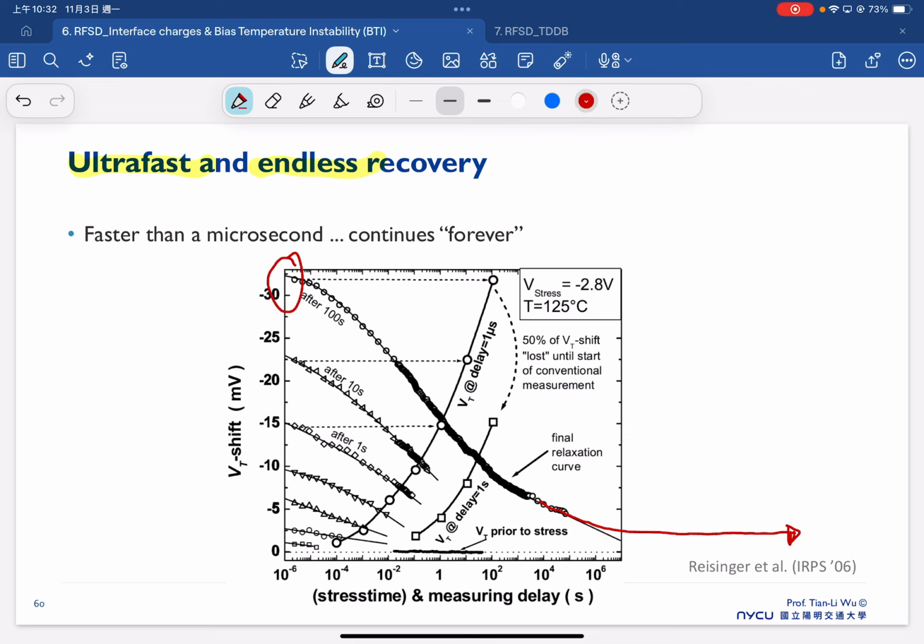It can happen very fast, so fast that it cannot even be characterized. It's faster than a microsecond. So if you stop your operation and turn on within a microsecond, you already see the recovery. Turn on within 0.1 microsecond, you see the recovery. Turn on within a nanosecond, you already see the recovery.